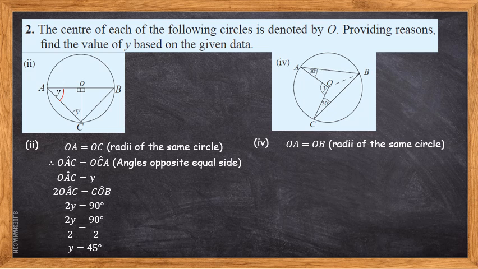We are giving reasons because it says providing reasons, right? Then ABO angle is equal to OAB angle. Here this angle is equal to this angle using isosceles triangles, angles opposite equal sides. Then ABO would be 30 degrees. Since OAB is 30 degrees, ABO is also 30 degrees.